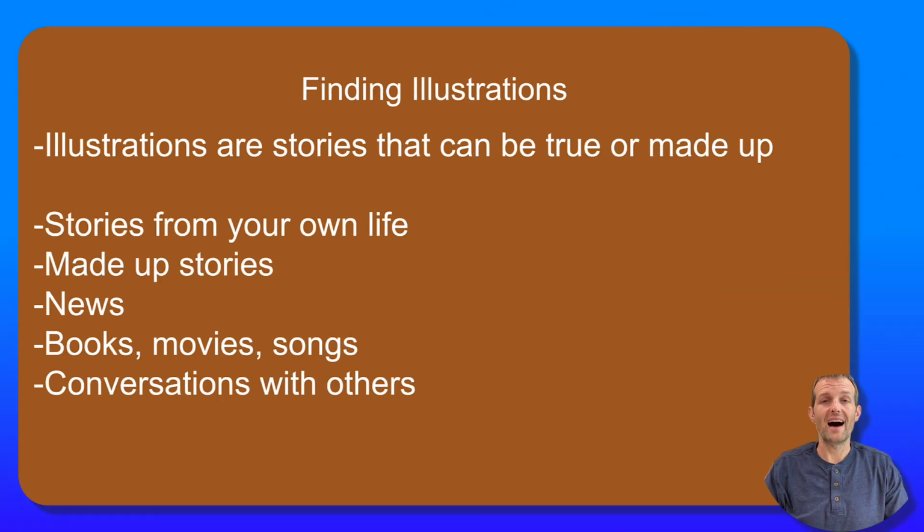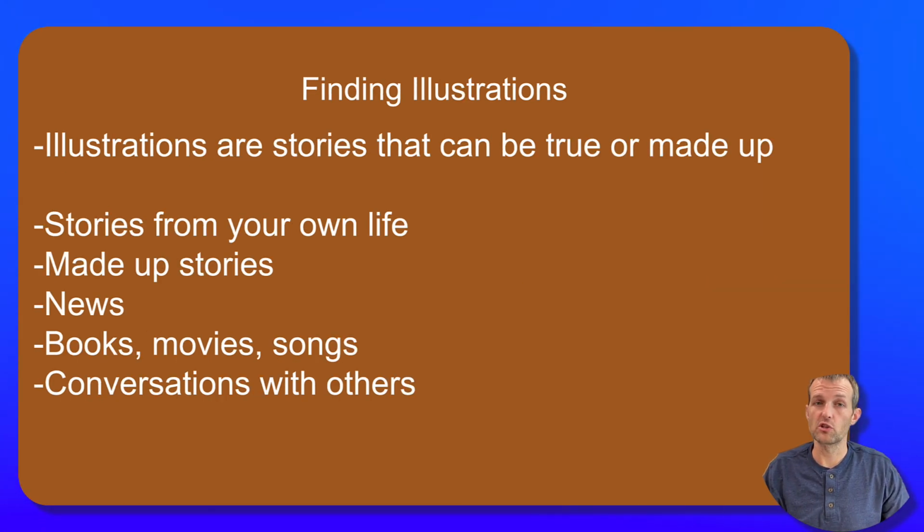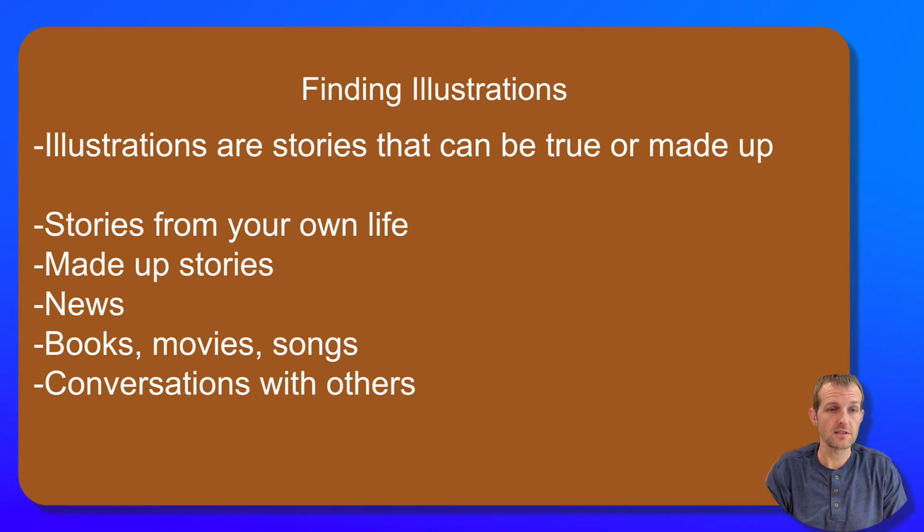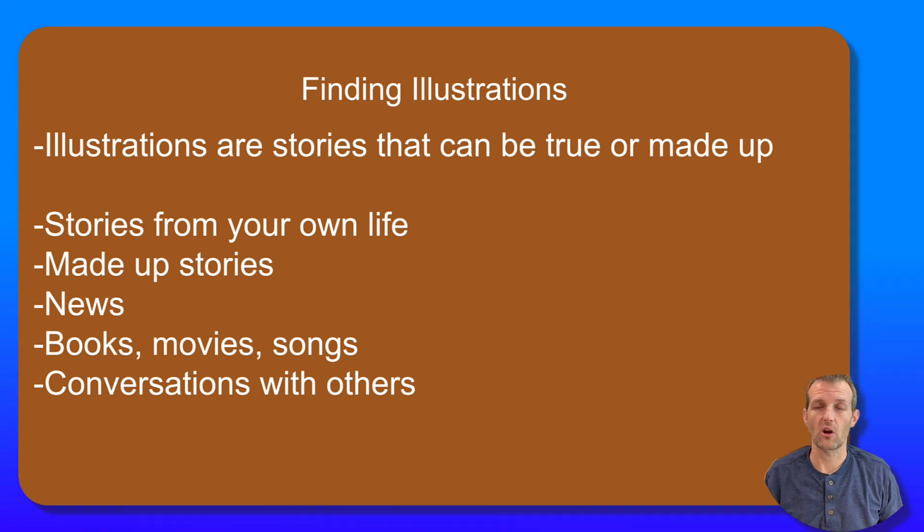So, finding illustrations. Illustrations are stories that can be true or made up. When we're thinking about finding illustrations, you can use stories from your own life. That is one of the most common examples. Now, that can also bring danger if you're always talking about your life, and especially if you're always the hero of the story. You want to avoid that.